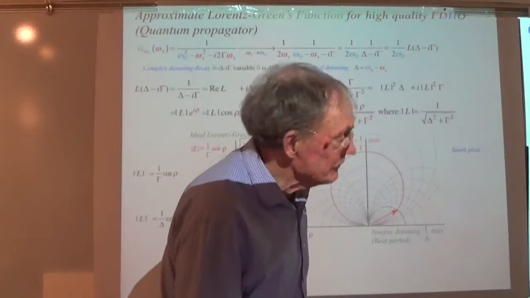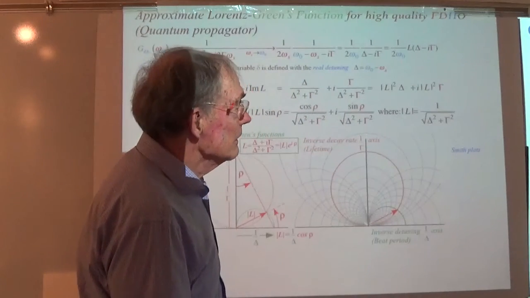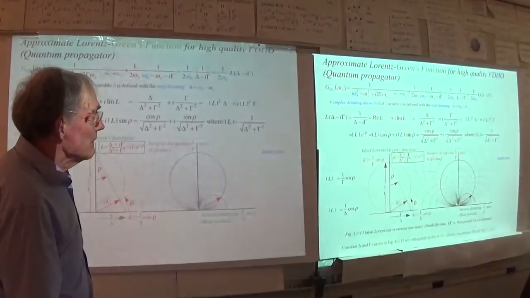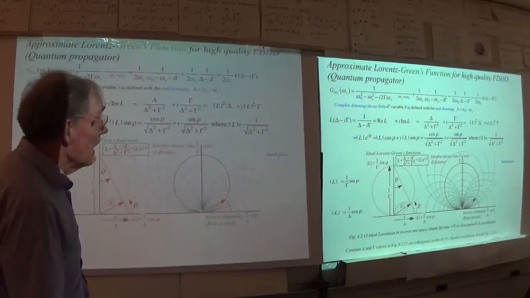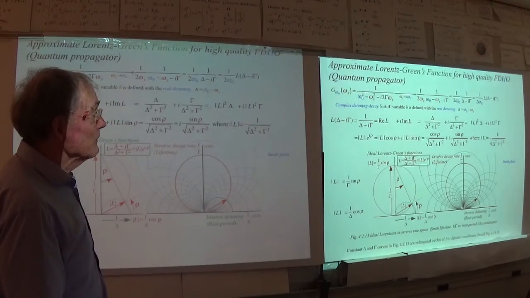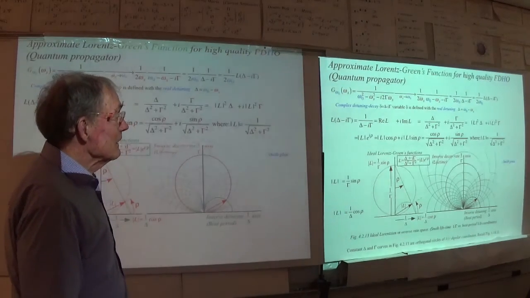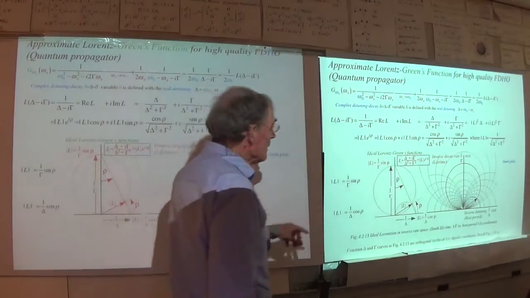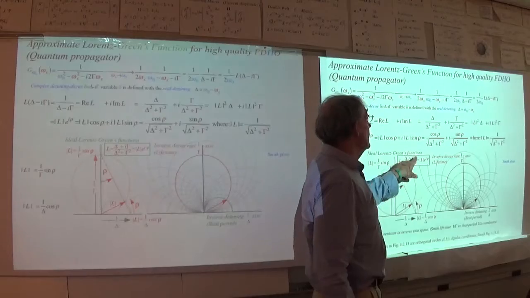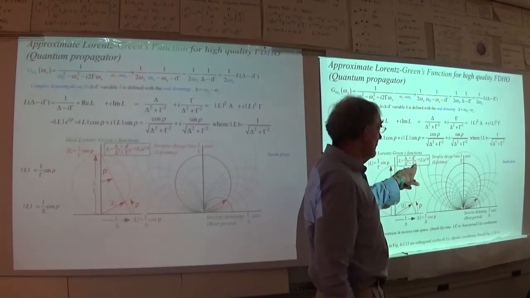So let's catch up on the other screen here and look at some of those with some light on it. This is called the ideal Lorentzian. That's when you talk about a Lorentzian function, del over del squared plus gamma squared, or gamma over del squared plus gamma squared.